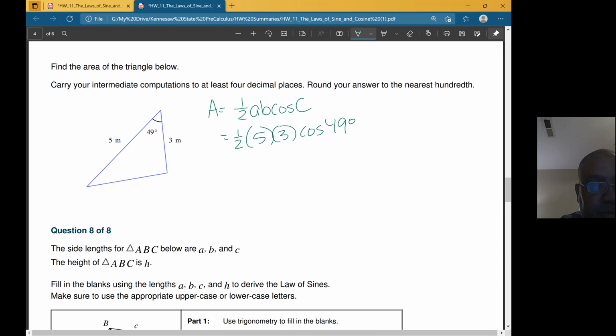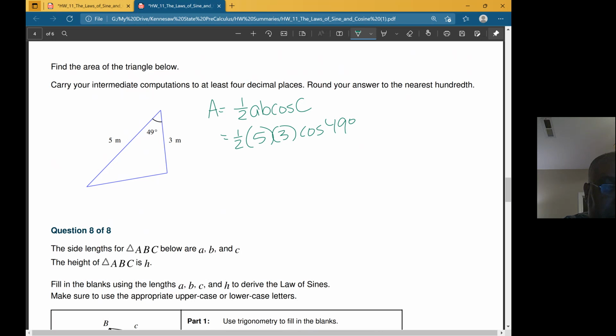Put in our calculator. 1/2 times 5 times 3 times cosine of 49, and I get, this doesn't look right. Did I do this right? Thought I did. I think this is right. Am I in the right mode?